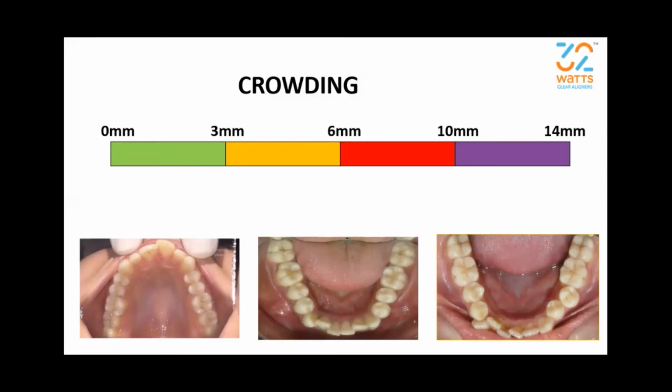If we have a case which has crowding of more than 14 millimeters, such cases are difficult to treat with aligners, and we recommend a hybrid form of treatment wherein the orthodontist is going to reduce the severity of the malocclusion by giving braces, and then we can start with the aligner therapy.